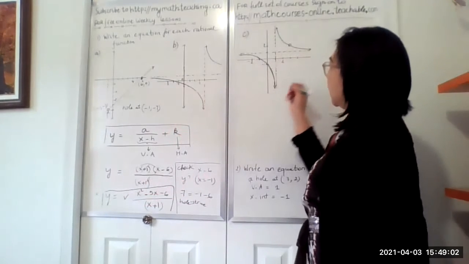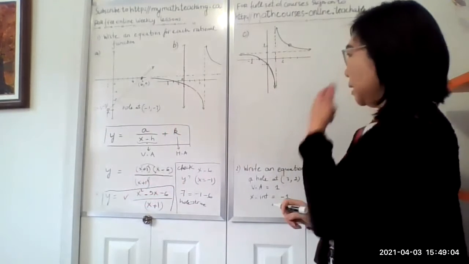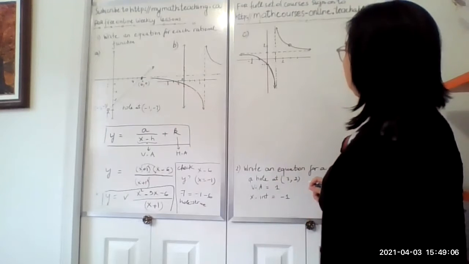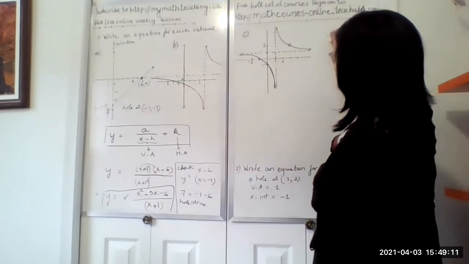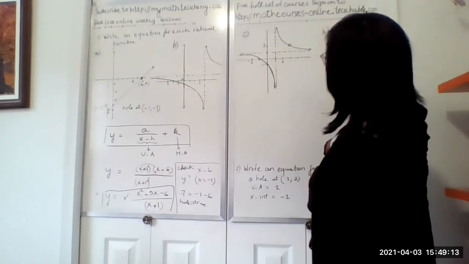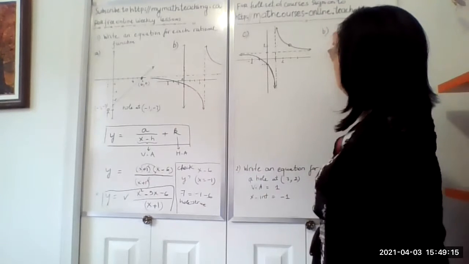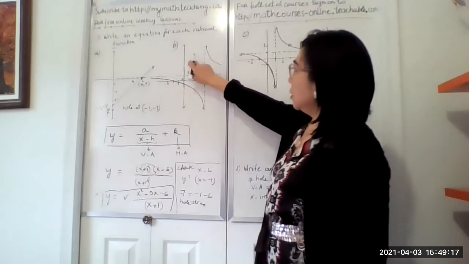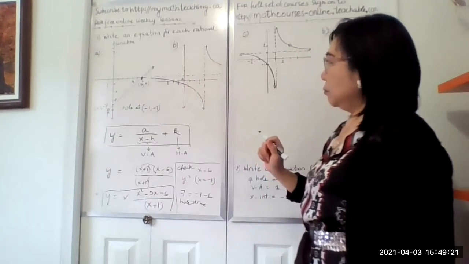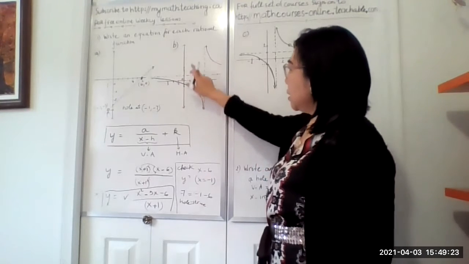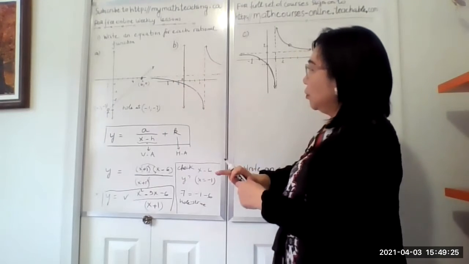Now let's go to diagram B. How are we going to write the equation for B? So I'm going to answer B here. I'm going to borrow a bar here to write the answer for B. Now, in the second diagram, what do we see on the graph here?